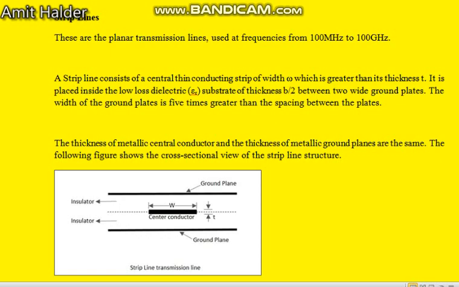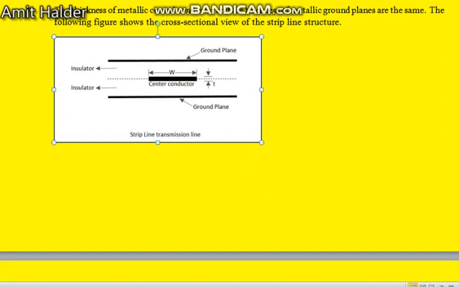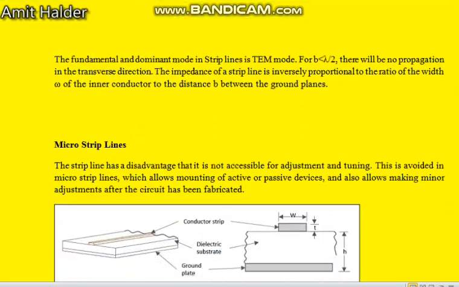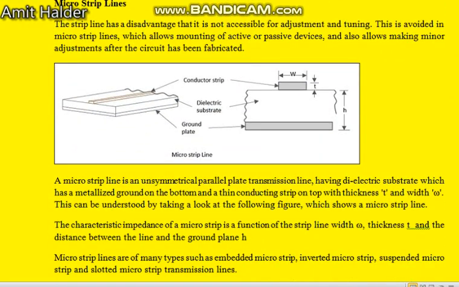Now going to another example, that is micro strip lines. Micro means the strip is going to be very much thinner, with the thickness incorporated close to the micron level.